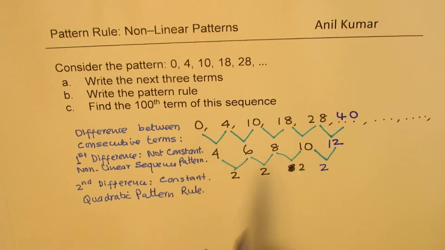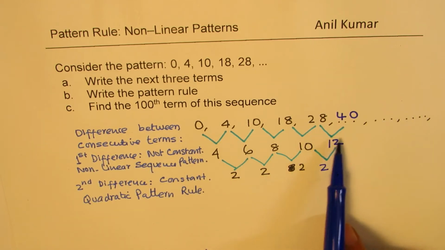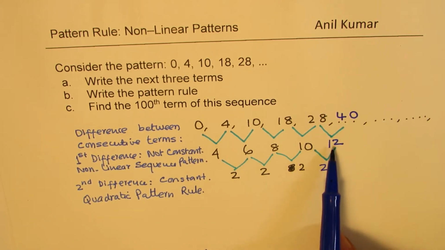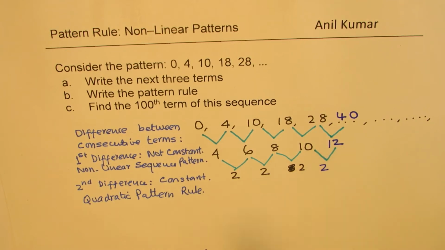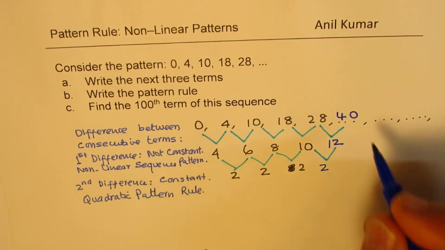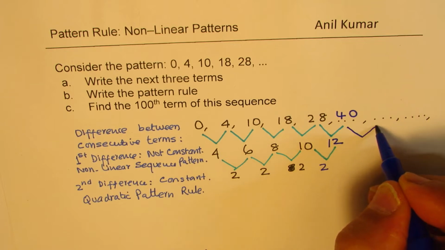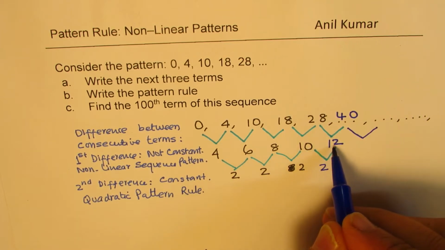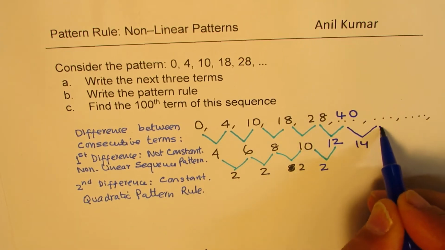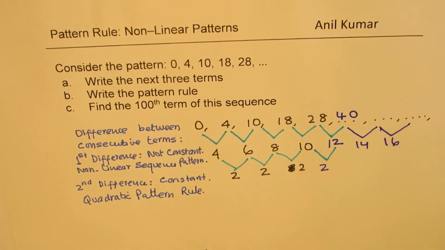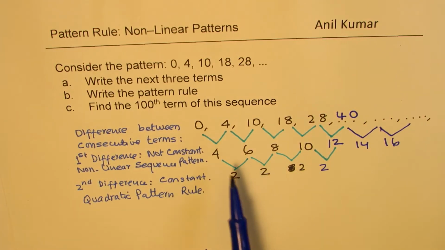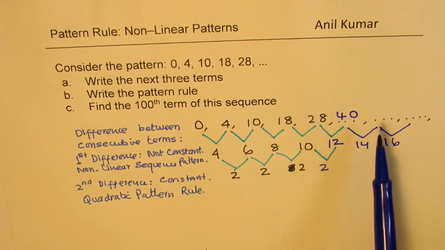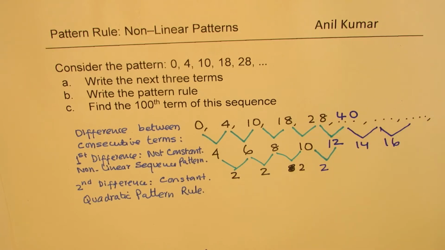So you notice that the next terms we could actually get by adding 2 more than the previous, right? So basically, now in this pattern, you notice that we could add 14 and then we could add 16 to get the next term. So that also helps us to find the next terms, right?